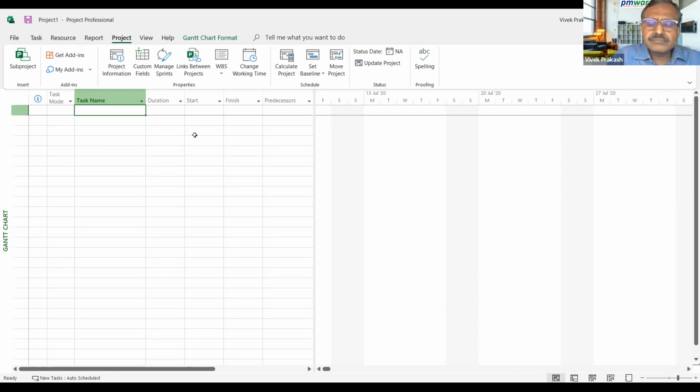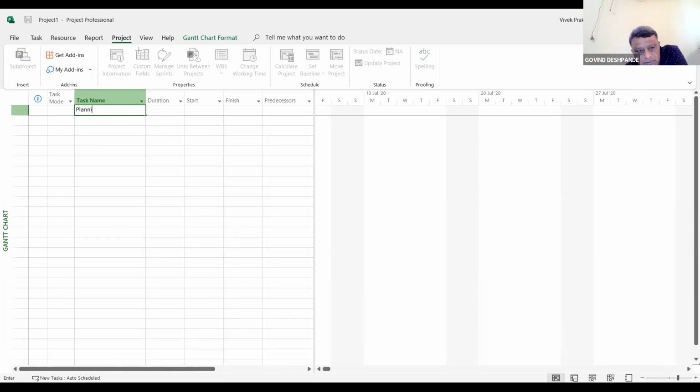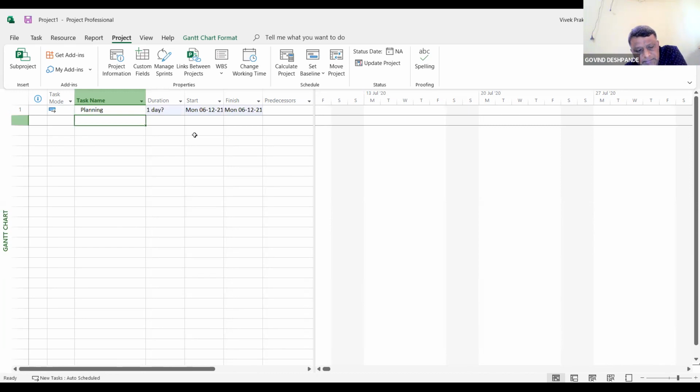So what do you think, what phases will we go through? First planning. First planning, okay. Then there are two working stages: first pre-construction stage and post-construction stage.